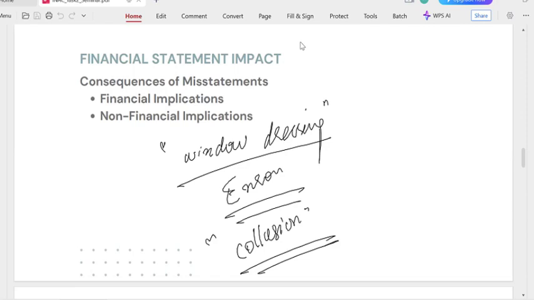They are your customers. When they know that you are misstating your financial statements, they would no longer continue working with you, because you have reputational issues, so they are not going to work with you. All right. Okay, so the first skill we talked about is the financial statement impact.